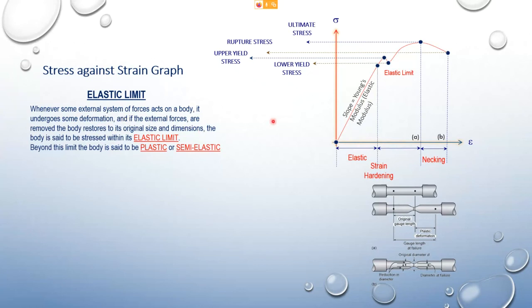So beyond this limit, that means beyond here, the body is said to be plastic. So it undergoes plastic deformation, or it is semi-elastic. What happens when the specimen undergoes plastic deformation? It will be permanently deformed.